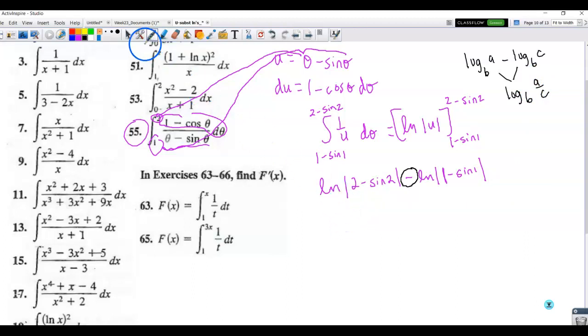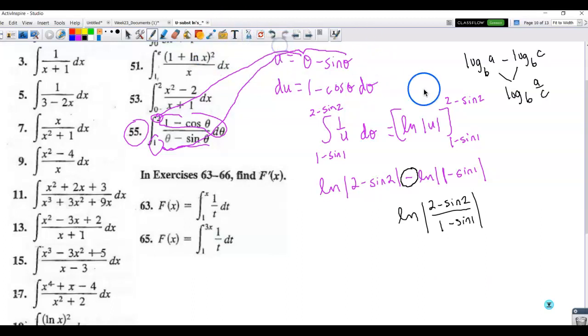So this could be written in a multiple choice scenario as ln of absolute value of 2 minus sine 2 over 1 minus sine 1. Just be aware that that's how the answer could be written, using log properties. That's number 55. And since this is not a calculator set, you just leave your answer in exact format.